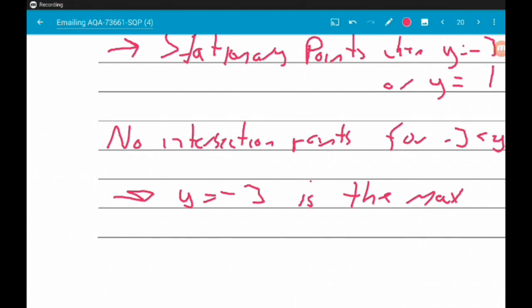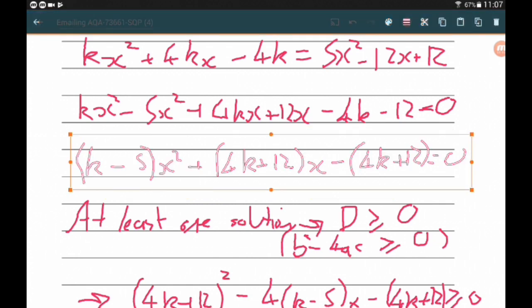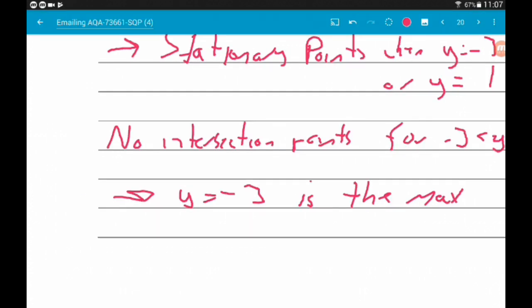So now we need to find the x coordinate of this maximum point. Okay, so to do that, we're going to borrow one of the equations from the previous page, which is going to be this guy here. So remember that at this stationary point, y is equal to k.